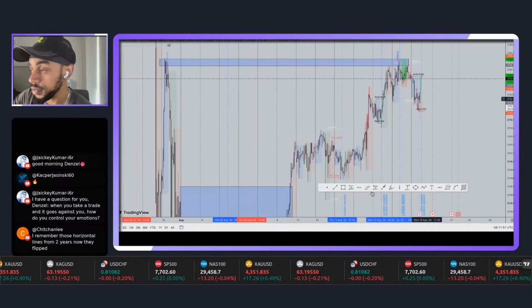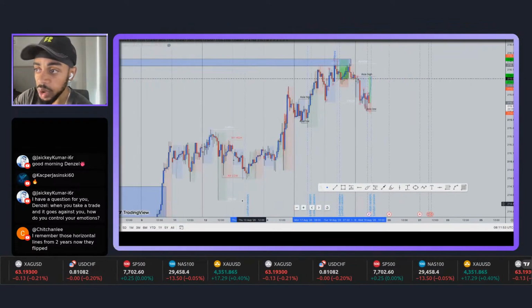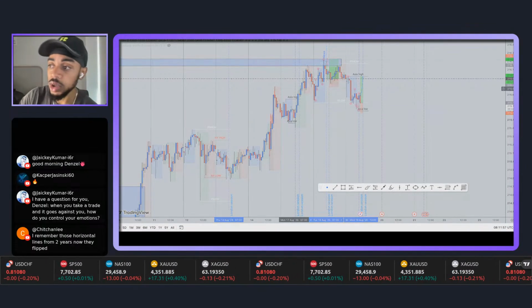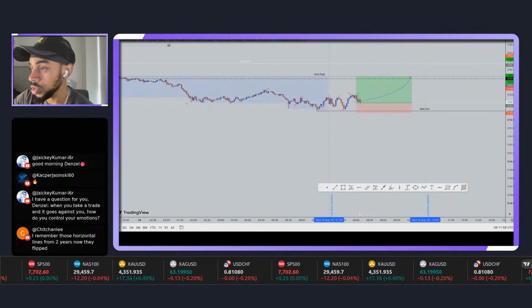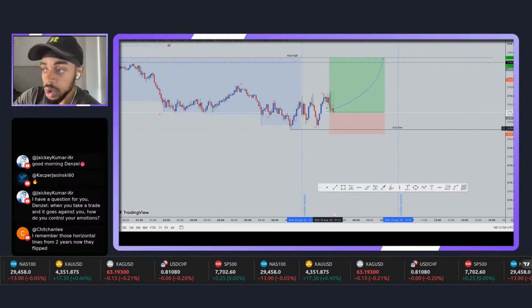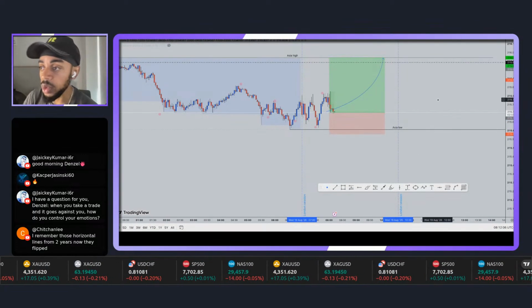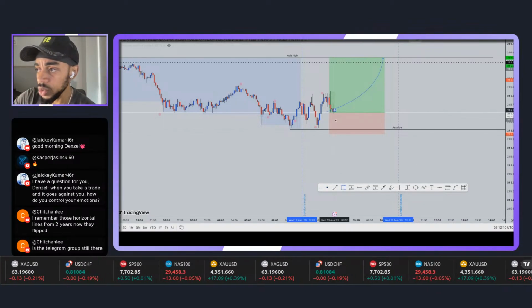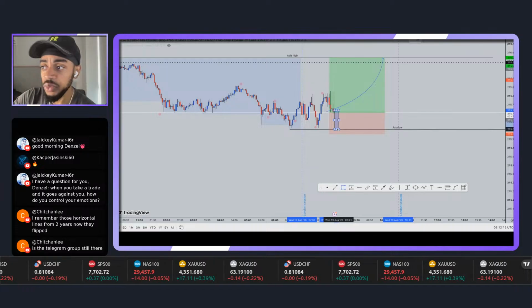For example, let's just say this setup right here that I literally just shared about, what, 20 minutes ago. Yeah, we're now at entry. Obviously when price is now at entry, you're so happy. But look, either way, my emotions will be the exact same if price is here.